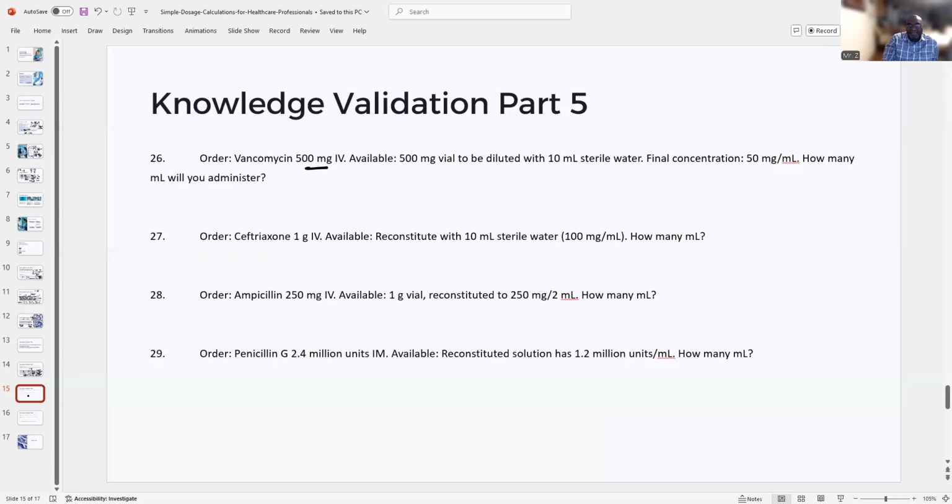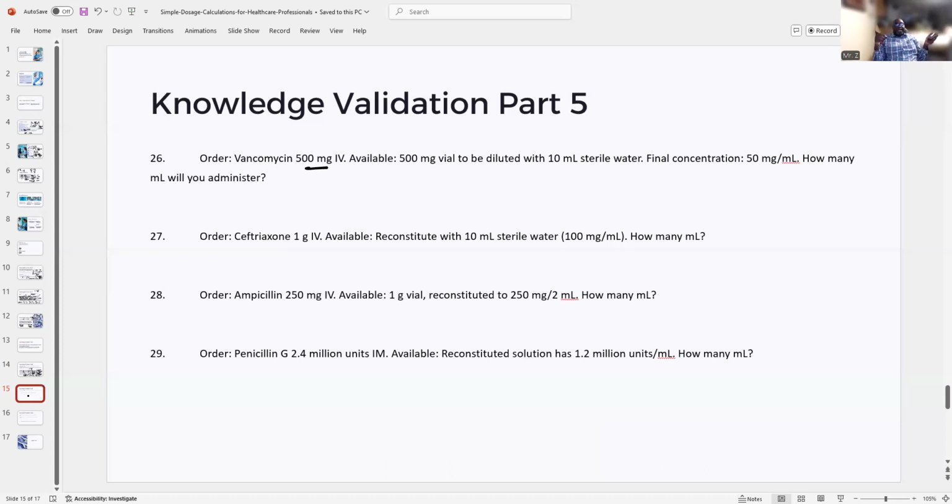Now, they say 500 milligram vial to be diluted with 10 milliliters of sterile water. This is anytime they have what they call a reconstitution of medication. The only attention you need here is to look at your final concentration.